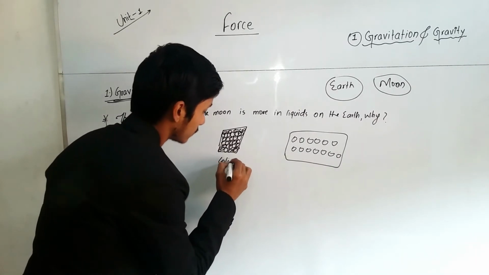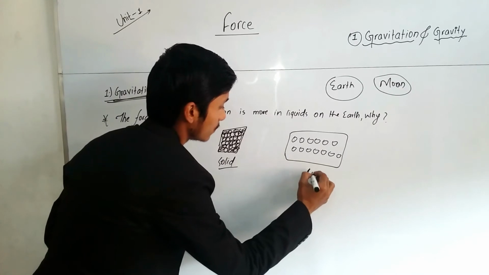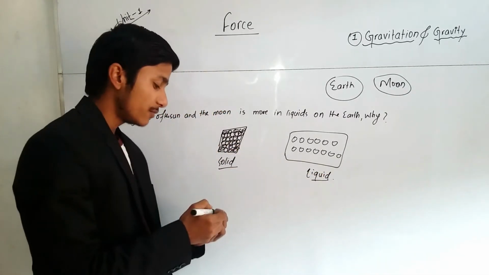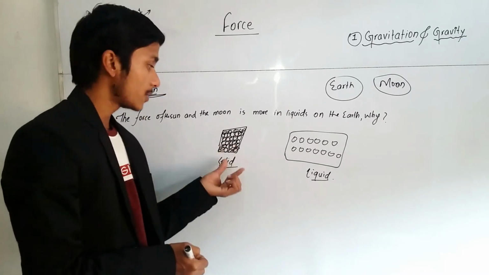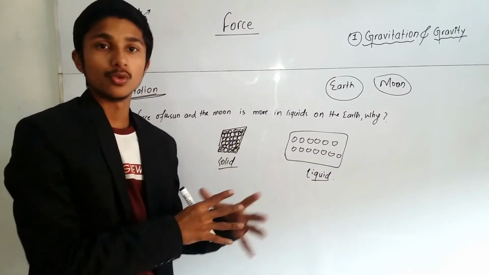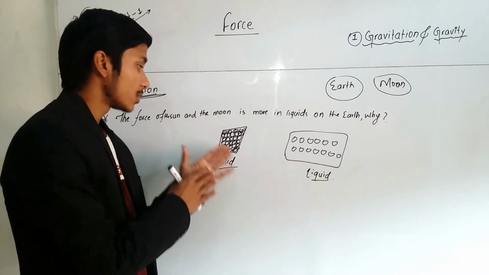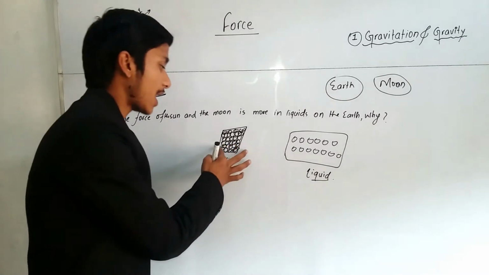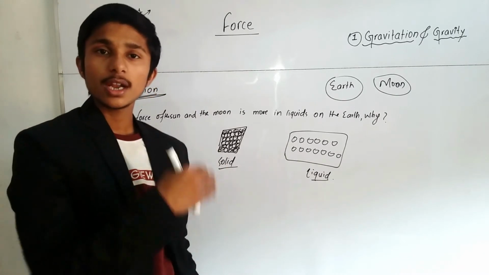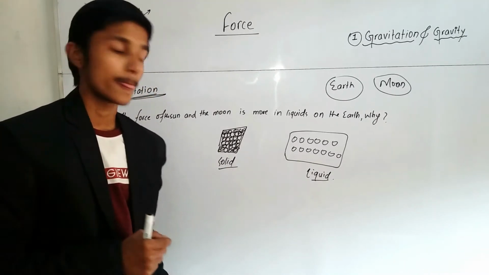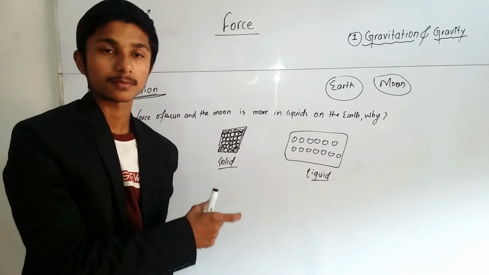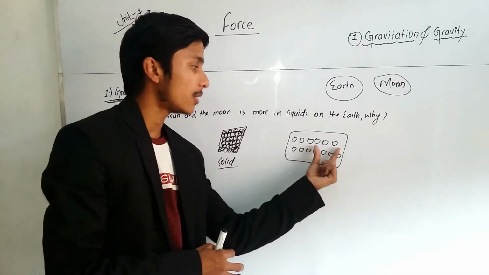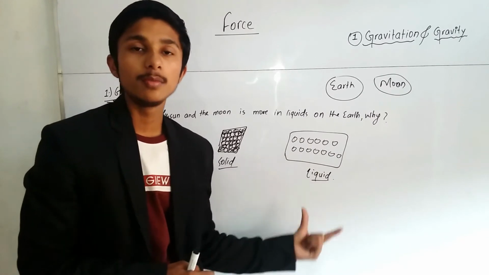So we know the force of attraction between the molecules of solid is more, because they are close to each other, and when they are close to each other, then the force of attraction between their molecules will be more, and the force of attraction between the molecules of liquid will be weaker.